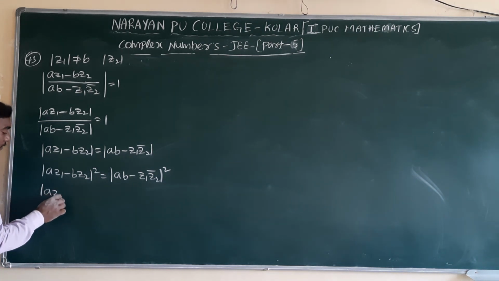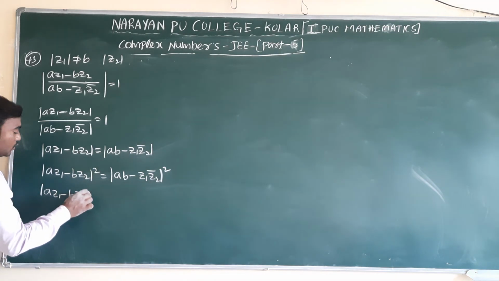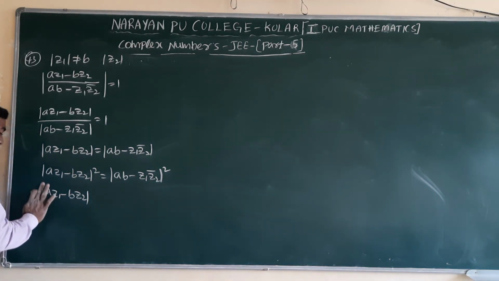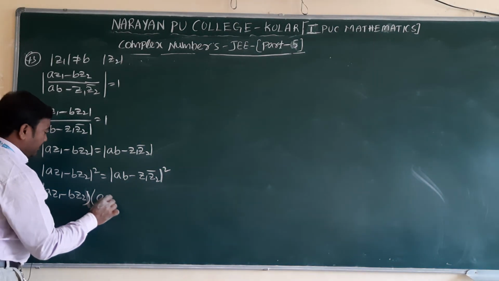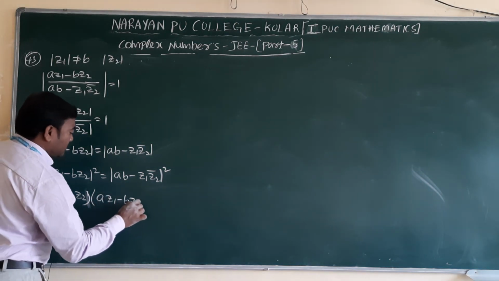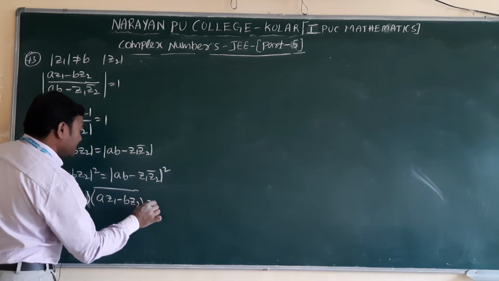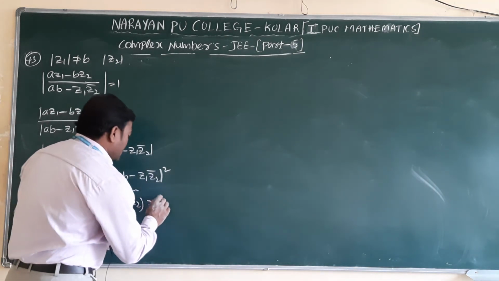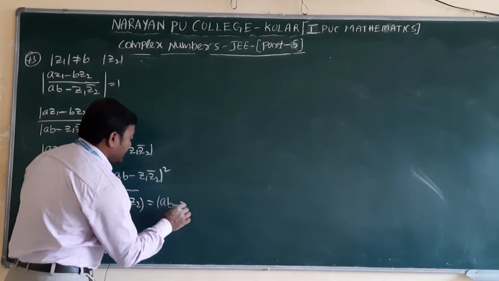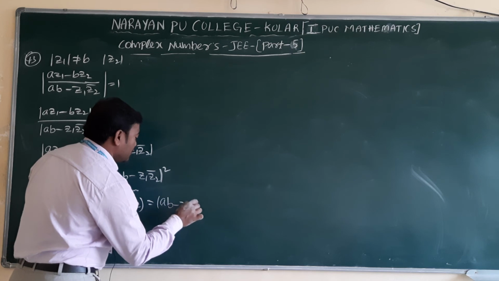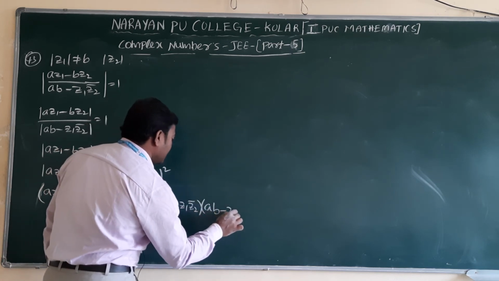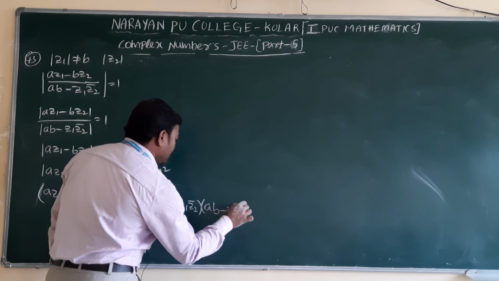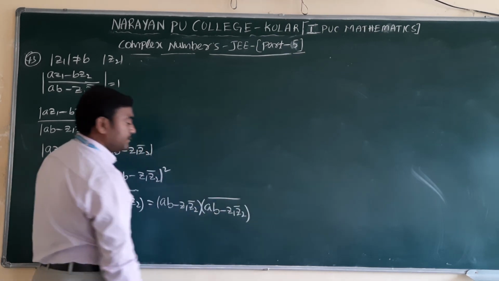So a z1 minus b z2 into its conjugate, a z1 minus b z2 whole bar, is equal to ab minus z1 z2 bar into ab minus z1 z2 bar whole bar.